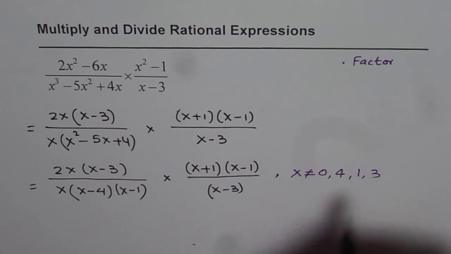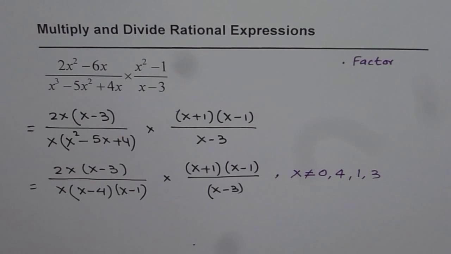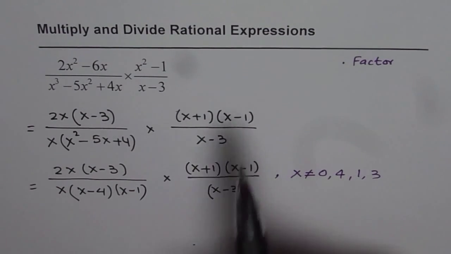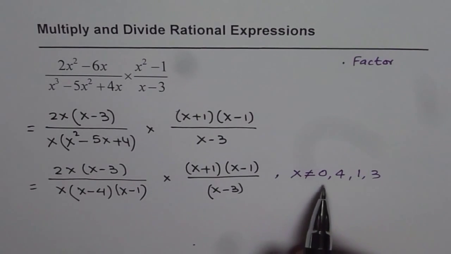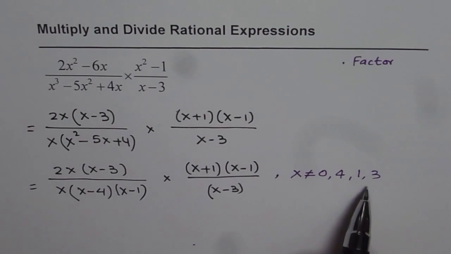So these are all the restrictions on our rational expression. So that is kind of very important step. Even if it is not mentioned in the question, it's a good practice to write down the restrictions before you cancel.